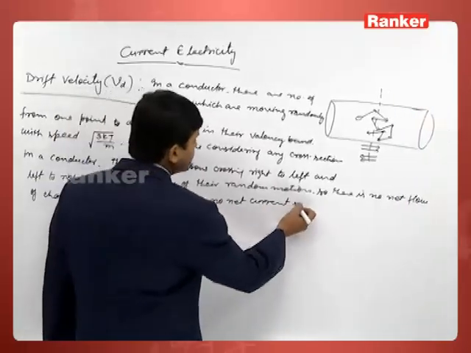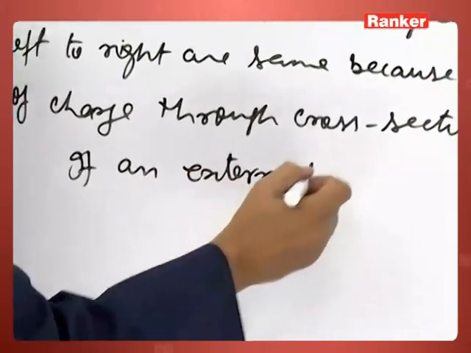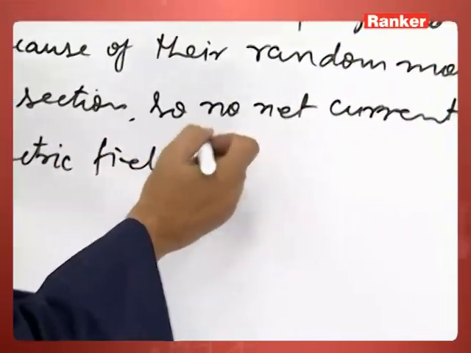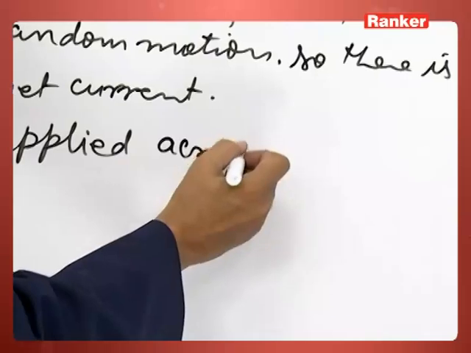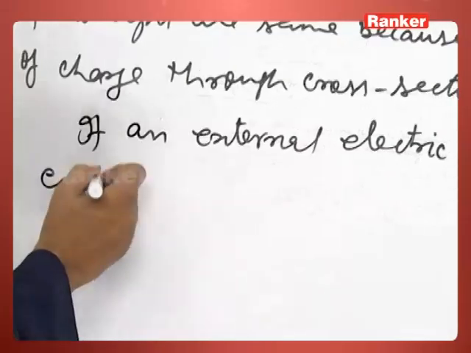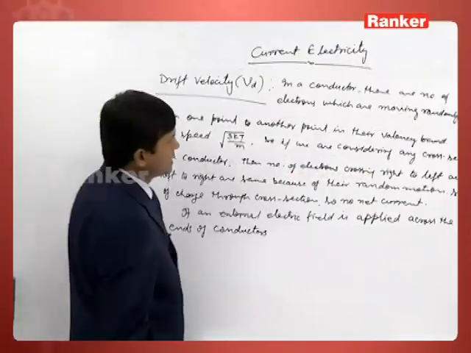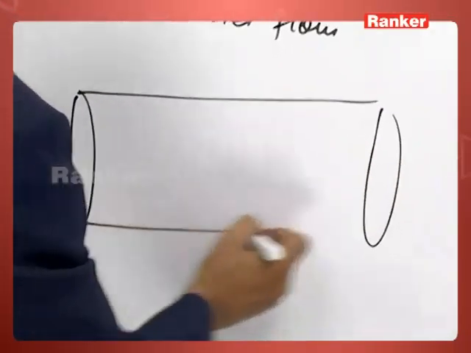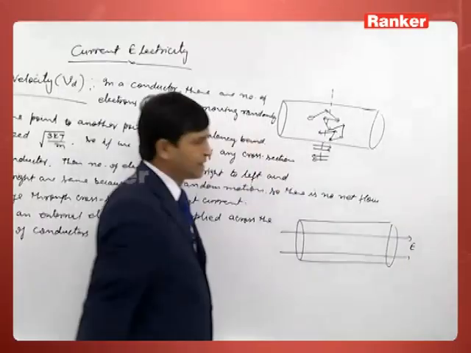Now if an external electric field is applied across the ends of the conductor, like this, let this be your conductor, and here we are applying an external electric field in this direction.